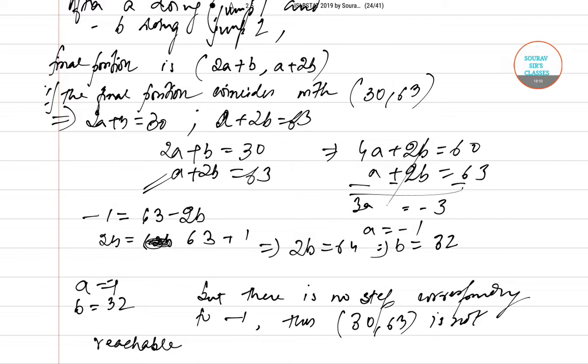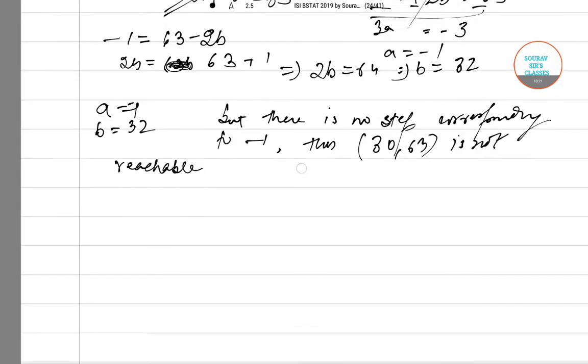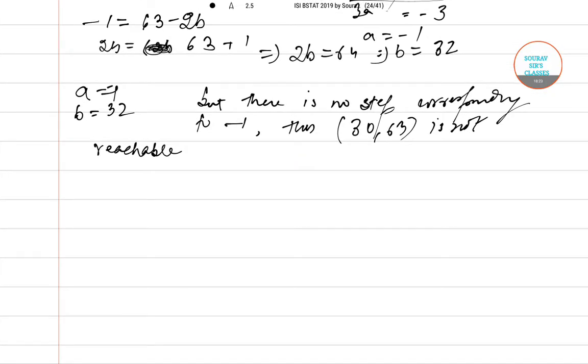Now we have to look for something else. So now proving that Q is not reachable is easier. Okay, so let us prove that Q is not reachable, so that one option will be correct.